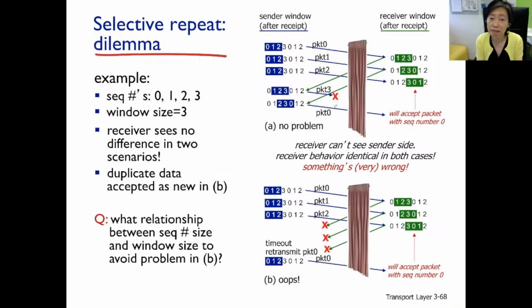So we need to be careful here to prevent packet 0 here and packet 0 here, which are obviously two different packets, from being confused as the same packet. Okay, so according to case A, we'll actually pass packet 0, these bits, again to the application layer. Not good. Right?